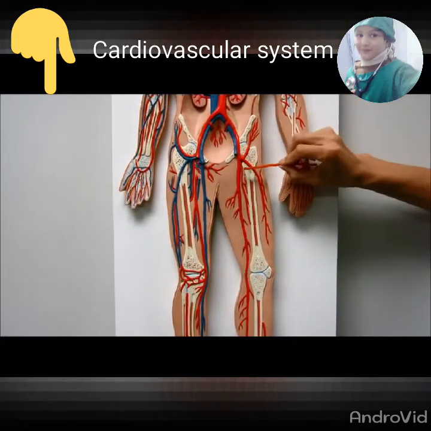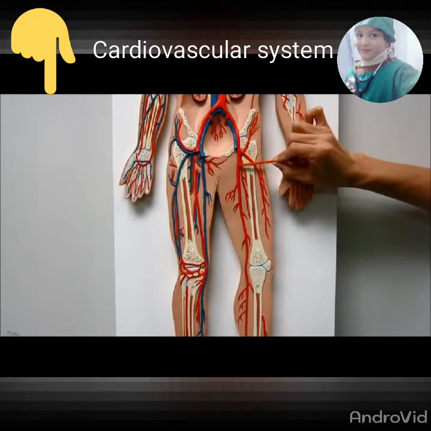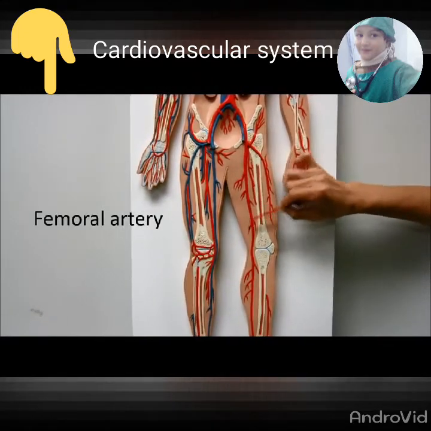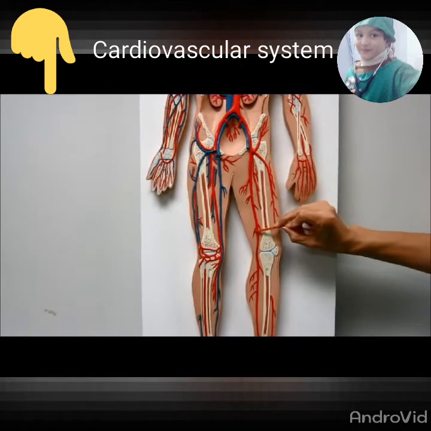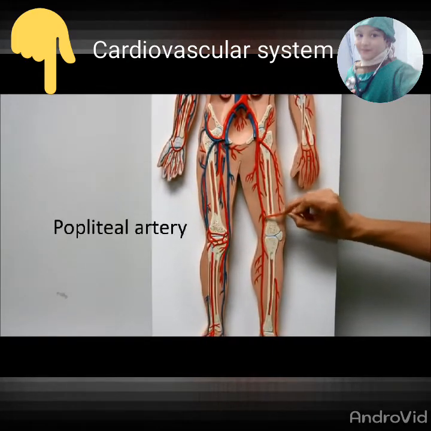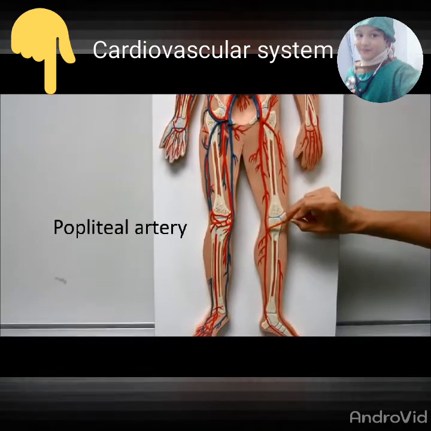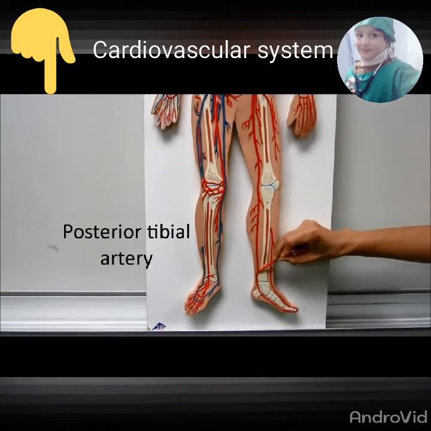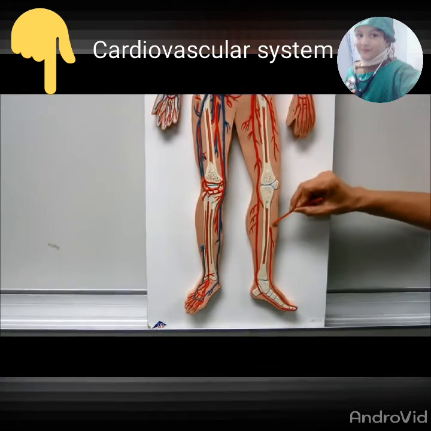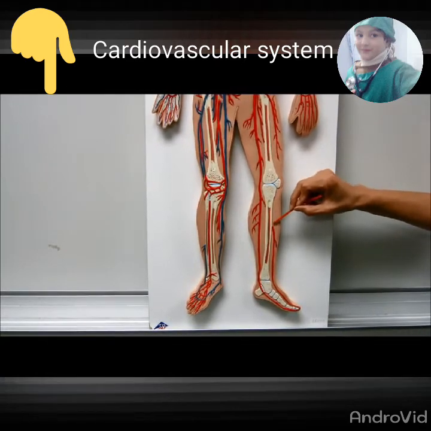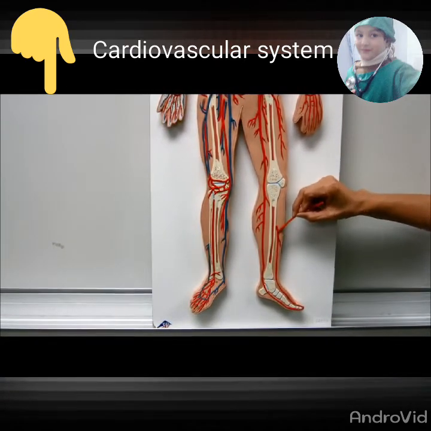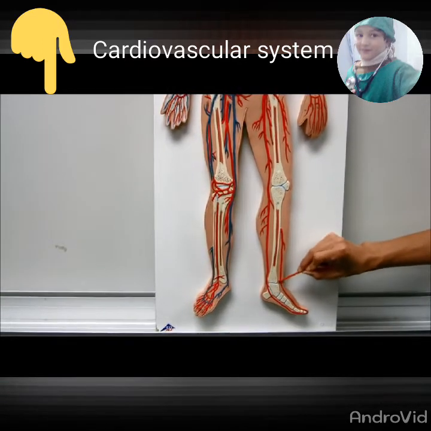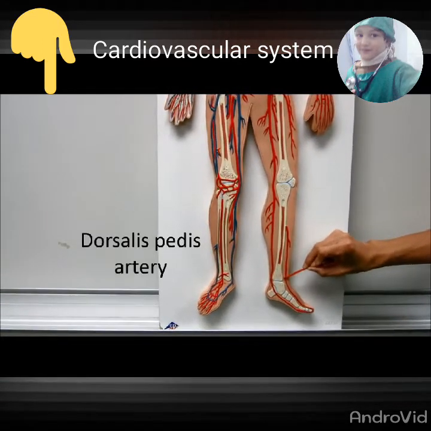When the artery runs along the femur, this is called the femoral artery. The part of the artery that runs behind your knee is called the popliteal artery. Then it branches to become the posterior tibial artery, and the other branch going anteriorly is called the anterior tibial artery. This part is called the dorsalis pedis artery.